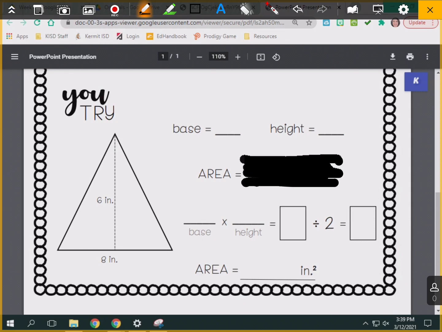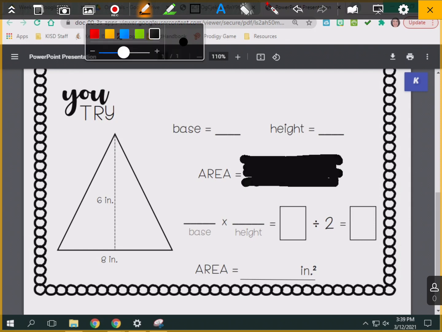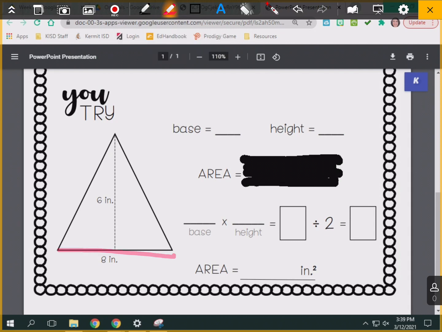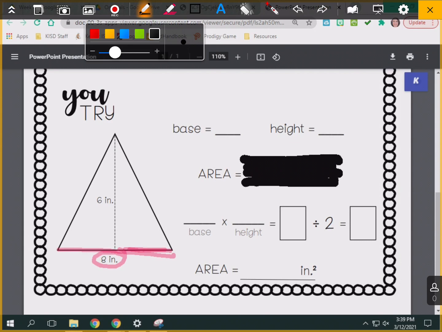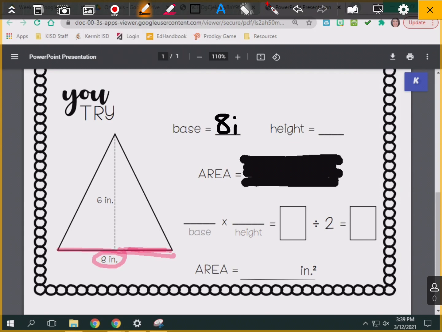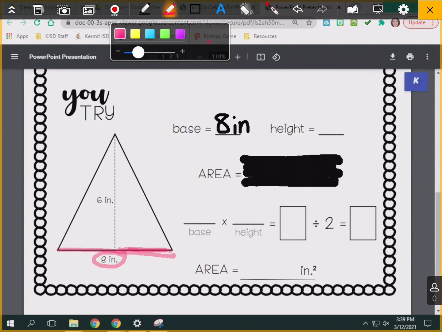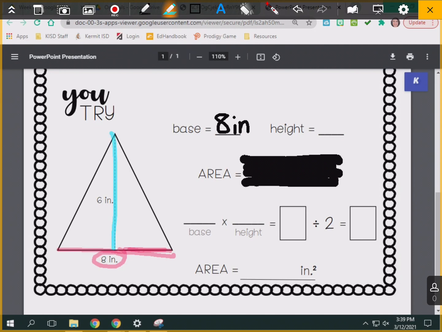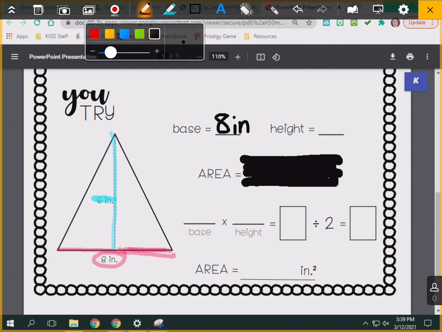I want us to get used to seeing ours from our reference sheet. So let's first find the base and the height. So the base is 8 because that is at the bottom. So I'm going to write 8 inches. And then the height goes from the top to the bottom, and that is 6 inches.